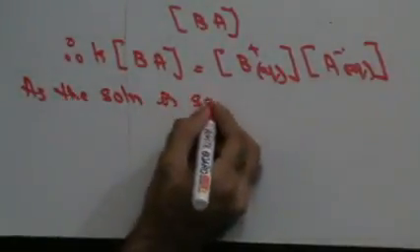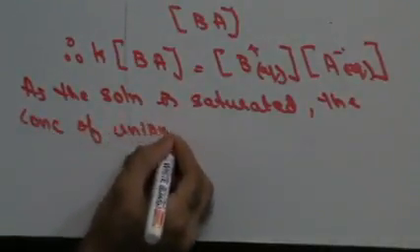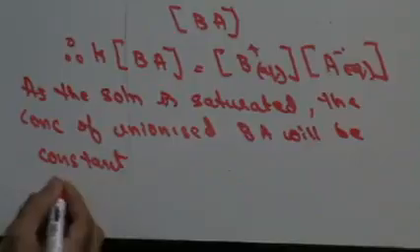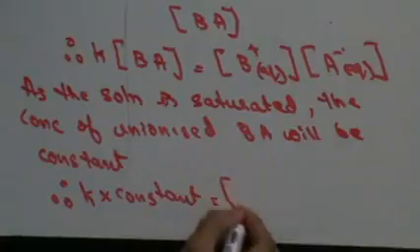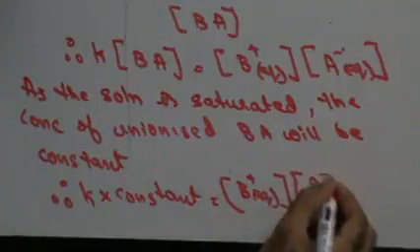As the solution is saturated, the concentration of unionized BA will be constant. Therefore, I can say that K into constant is going to be the active mass of B plus aqueous into the active mass of A minus aqueous.